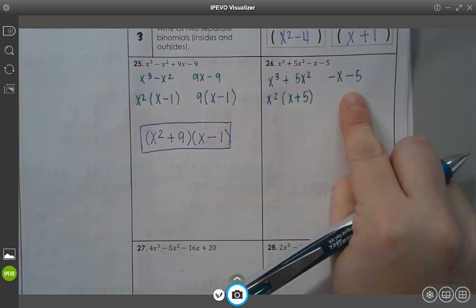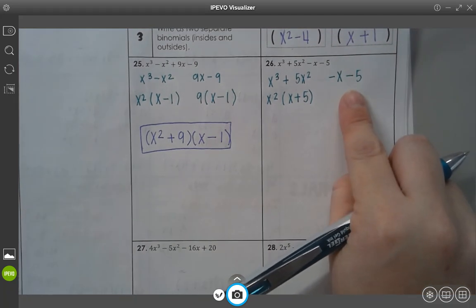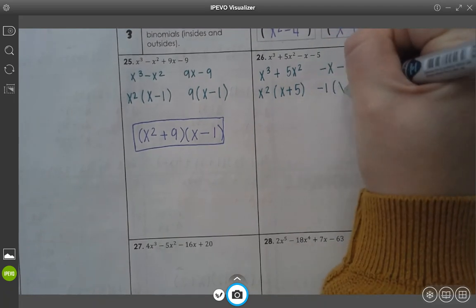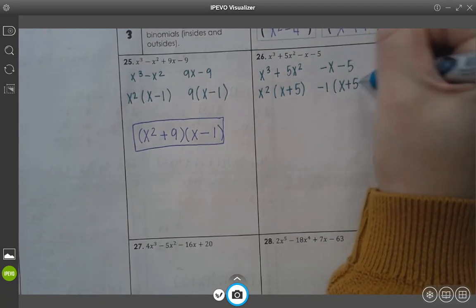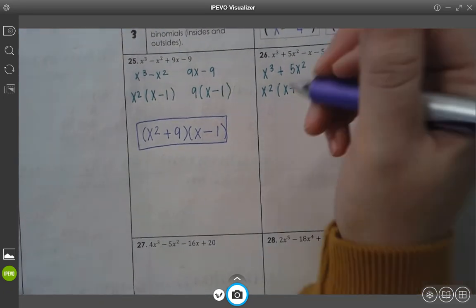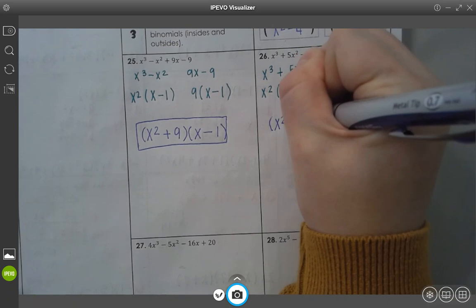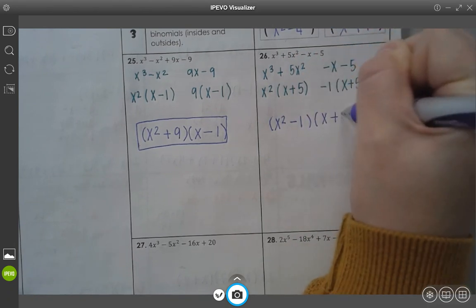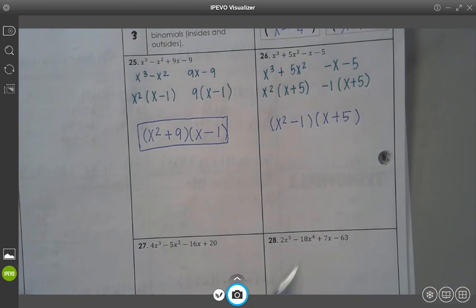What is the GCF of the second one? Leaving you with x plus 5. So we have x squared minus 1 and x plus 5.